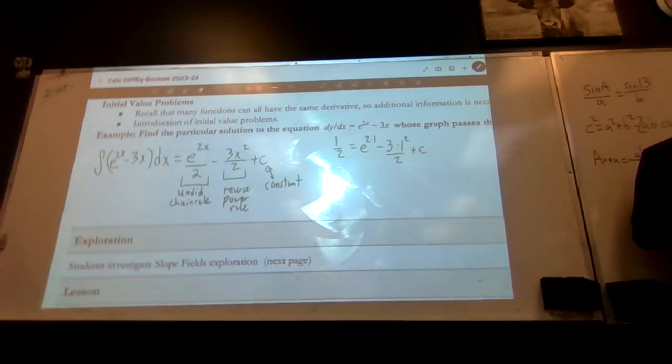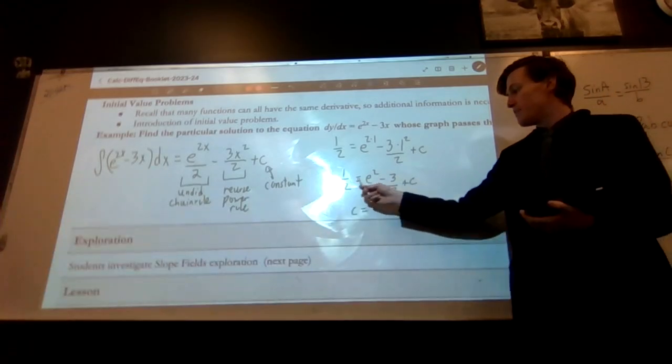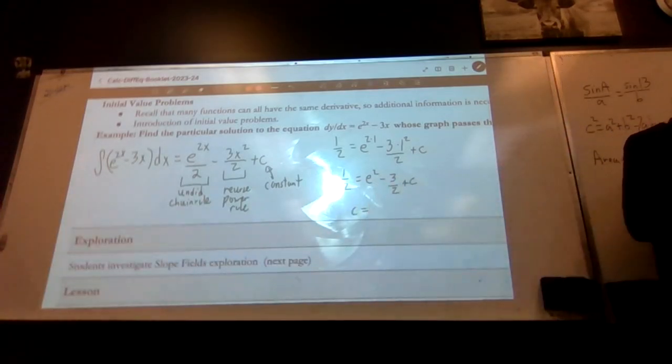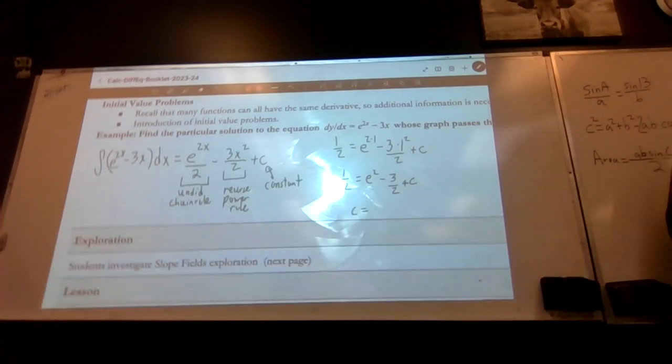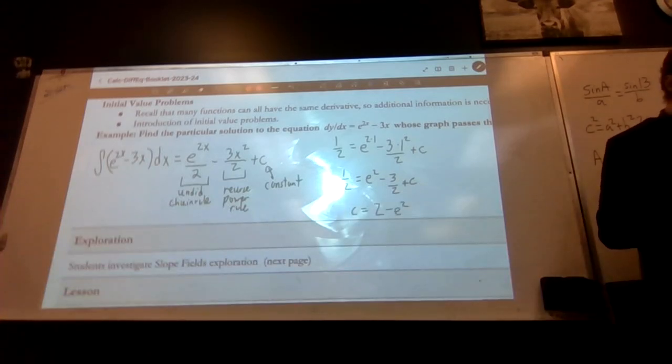Or I get 1/2 equals e squared minus 3 halves plus c. Therefore, c is equal to, I'm going to go ahead and move these all over to get 2 minus e squared. Oh, and I forgot, my apologies, everybody. Divide by 2 here.